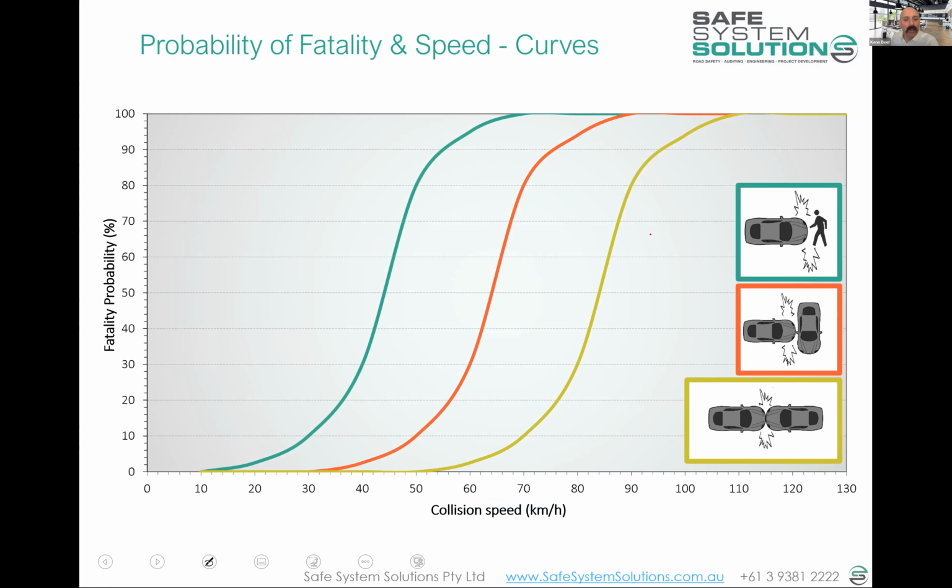And we went through those biomechanics of injury. We went through the very basic curves here. We talked about generally that 10% line being the point where things go really bad really quickly for these different crash types.